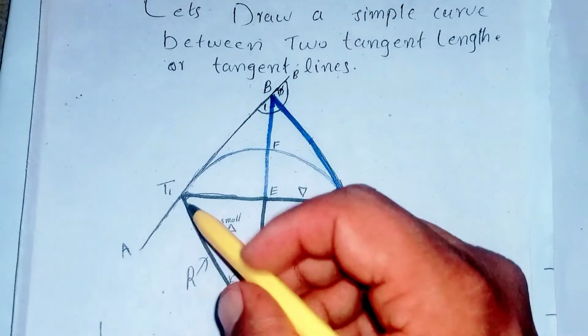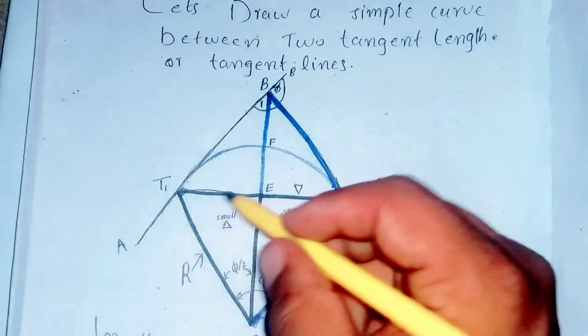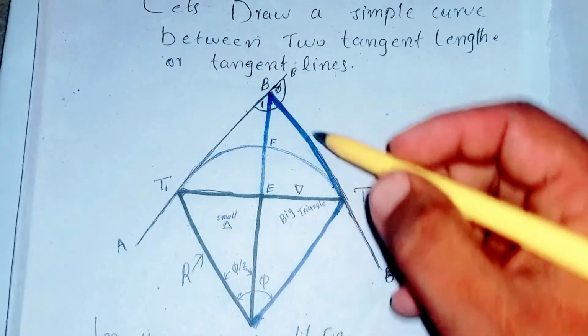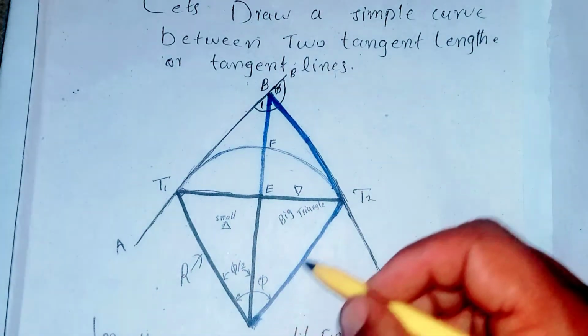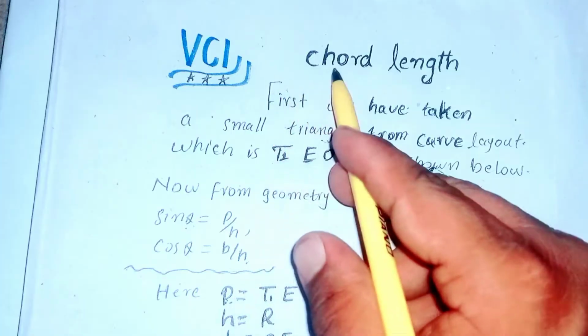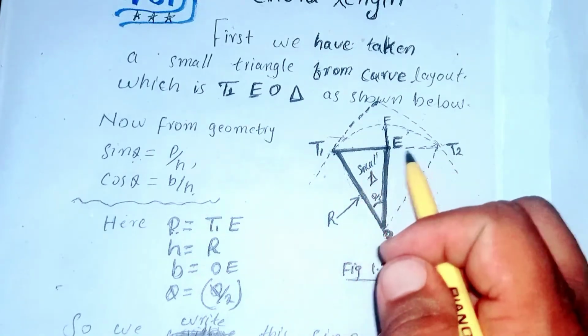The small triangle is denoted by black lines, and the big triangle is denoted by blue lines. Now we are going to find the chord length. From this point to this point, this is equal to the chord length.